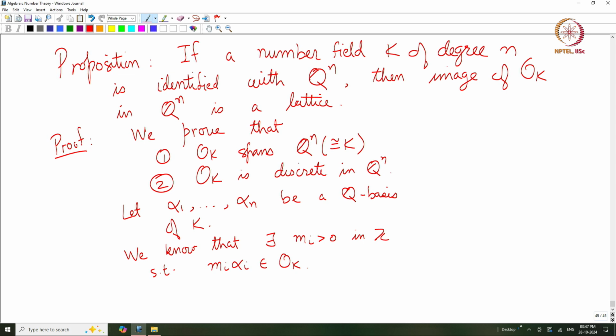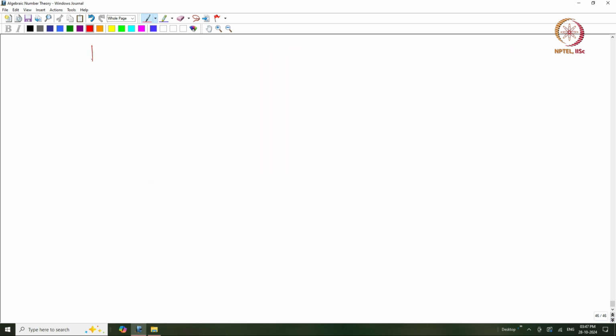This is one of the things we proved about rings of integers, and hence m_1 alpha_1 up to m_n alpha_n is a Q-basis of K, and all these are elements of O_K. Therefore, O_K spans K. So, that proves 1.